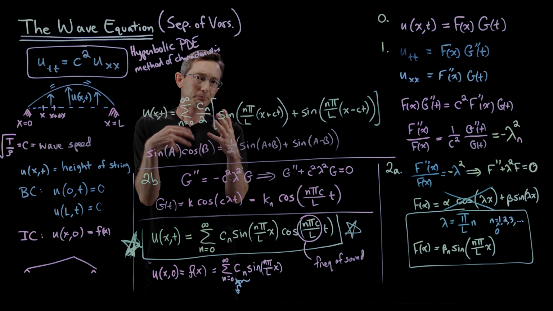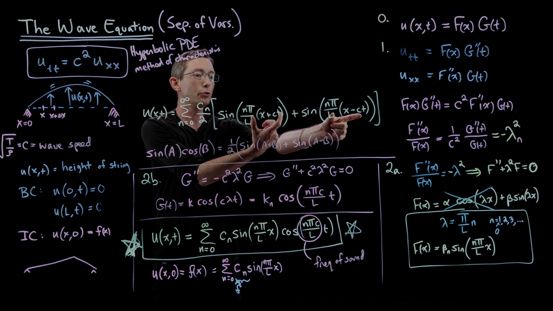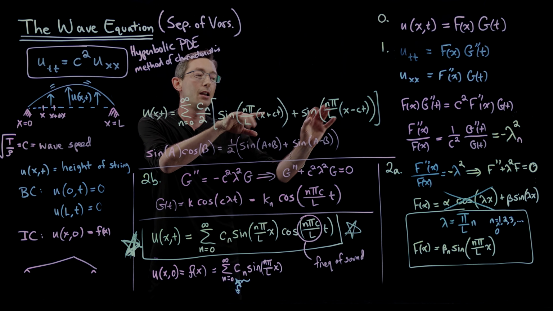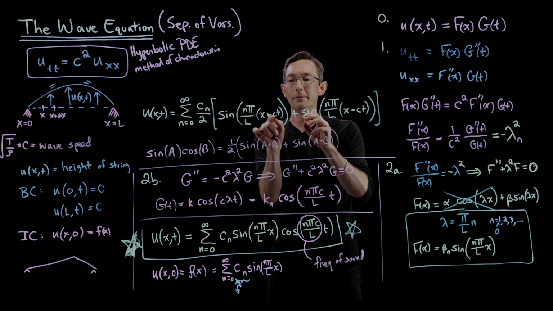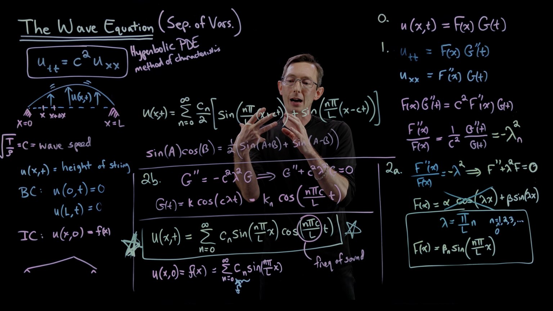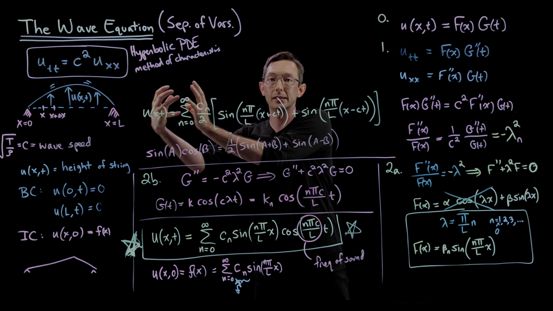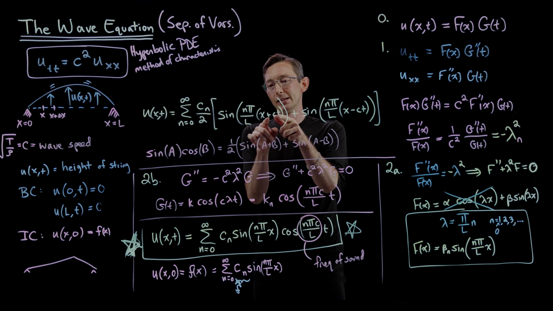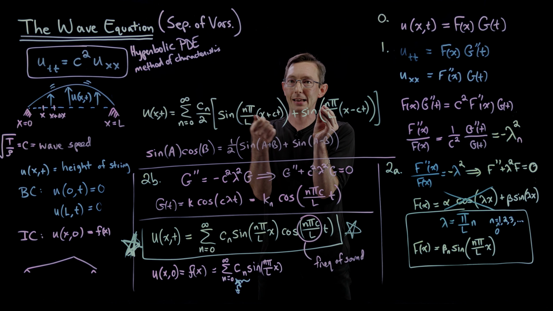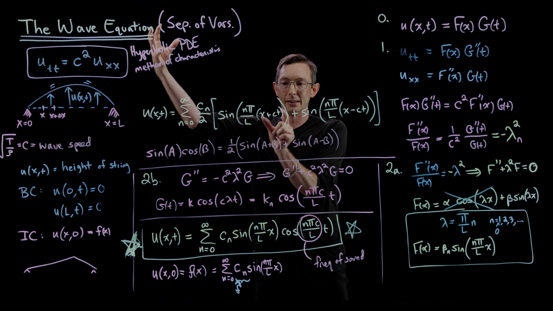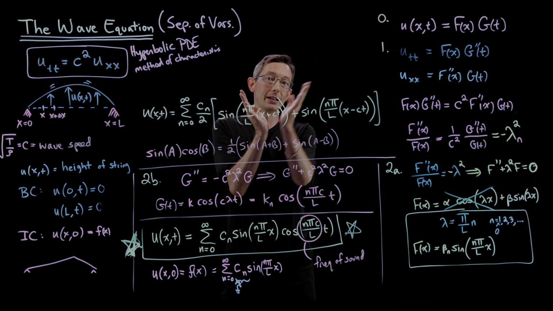What we find is that essentially our solution u of x and t is given by two, these are called waves, that are traveling in different directions. So x plus ct is a solution that is traveling in one direction. As time increases, this is kind of shifting my solutions. If time increases, then x has to be negative to make this 0. And this other part here is traveling in the other direction.